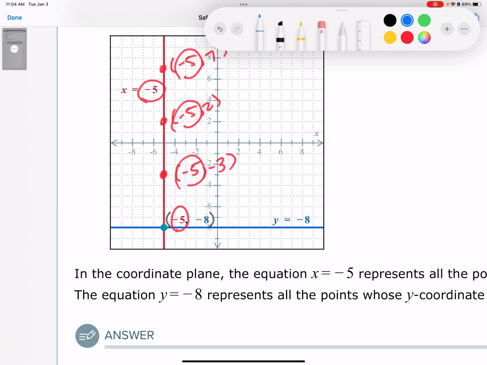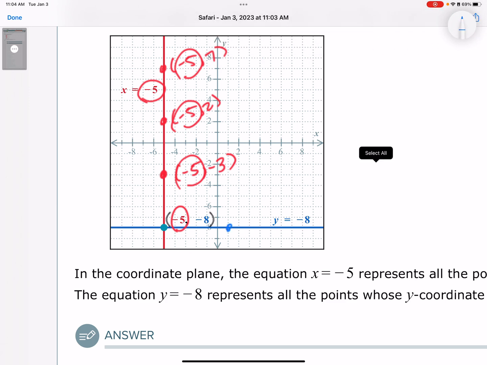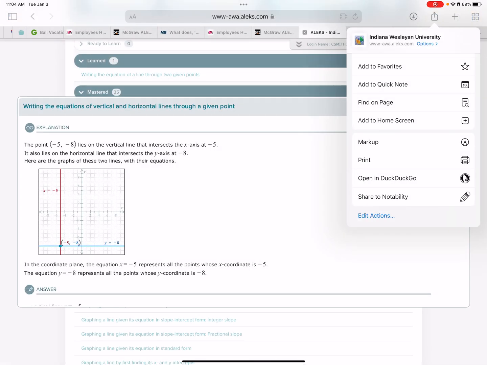That's why it's x equals -5. Similarly, let's grab this one: 1, comma, -8, and 7, comma, -8. What do we know about y on this line? y is always equal to -8. That's why that equation is y equals -8.